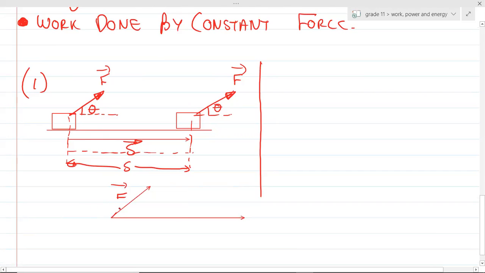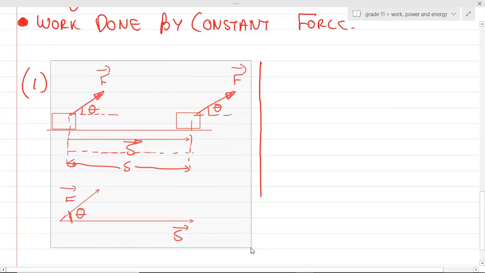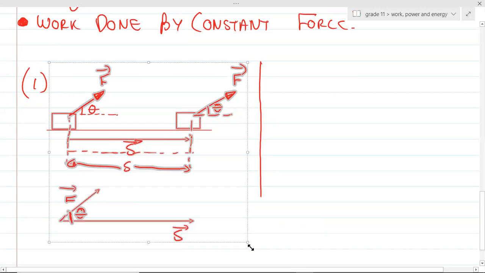Can I say this, guys? This is your force at an angle theta with the displacement vector. Yes or no? Force vector at an angle theta with the displacement vector. Can I say this or not?